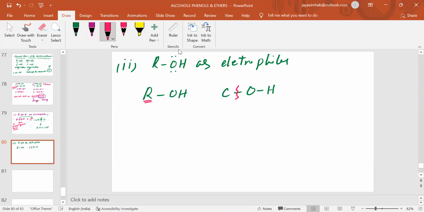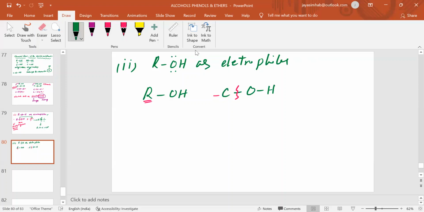This is the alkyl group, and OH is attached to carbon only, right? So you can write it like R. Or simply you can remove this bond also, because that indicates the remaining carbons. So because of the cleavage of the carbon-oxygen bond, alcohols act as electrophiles.